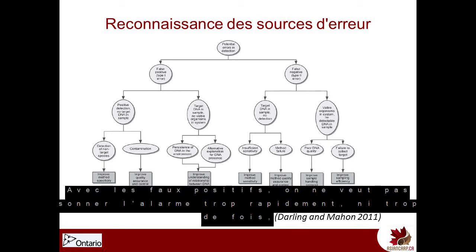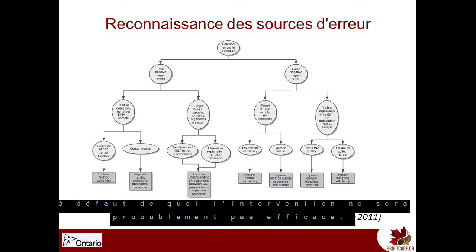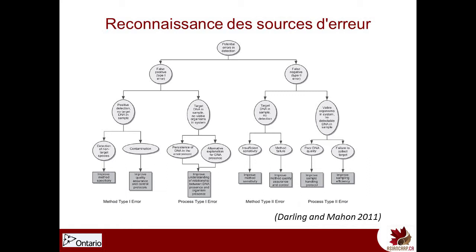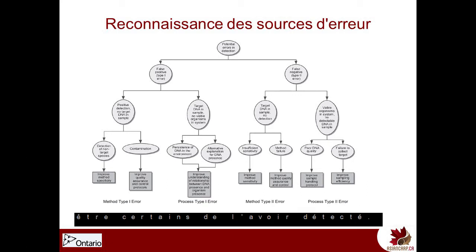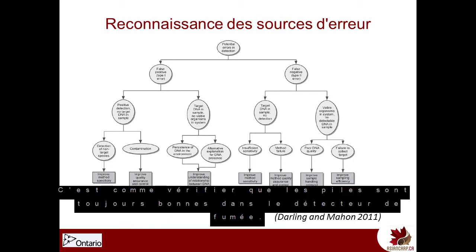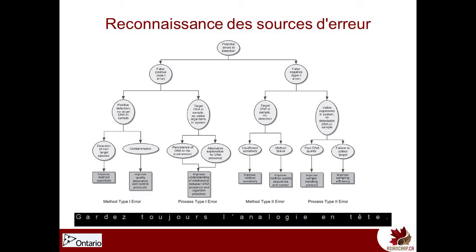With a false positive, basically you don't want to be ringing the fire alarm too many times, or you're unlikely to get an effective response, and you also really call into question the usefulness of your tool. Likewise for false negatives, if something is present, you want to be confident that you have detected it, and basically the battery's still good in your smoke alarm, to keep using that analogy.